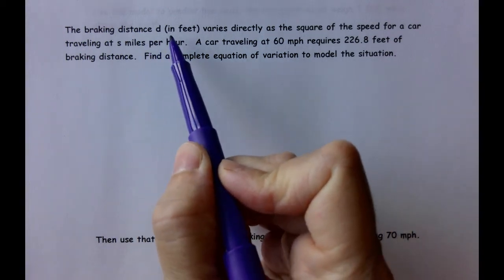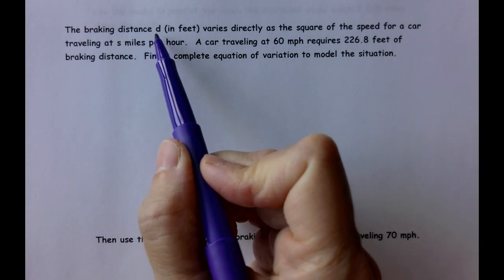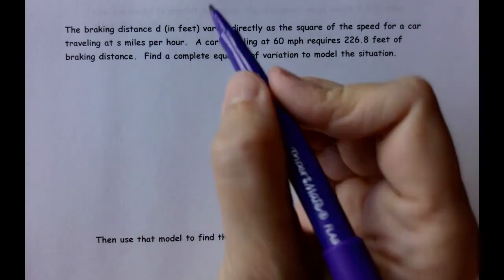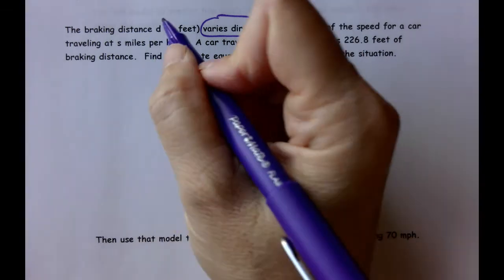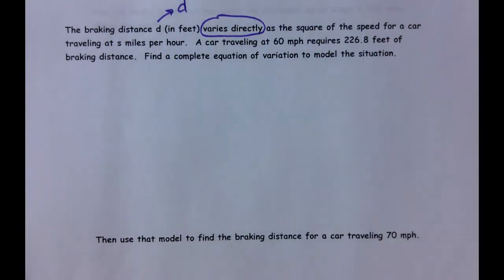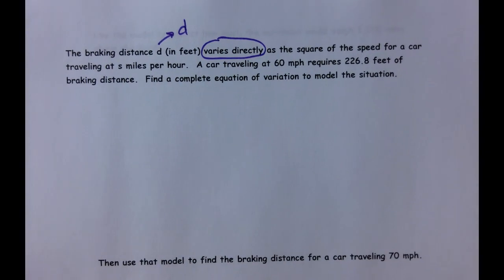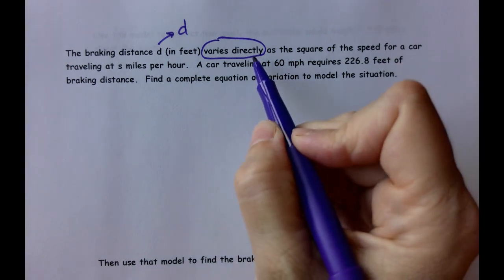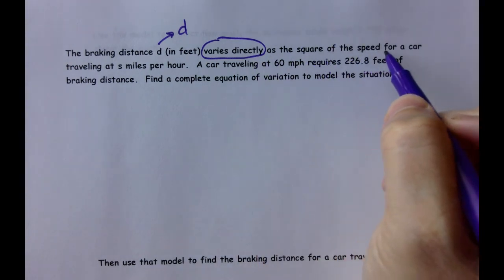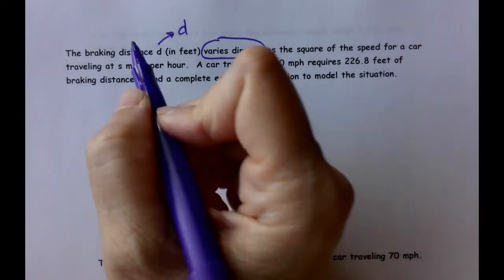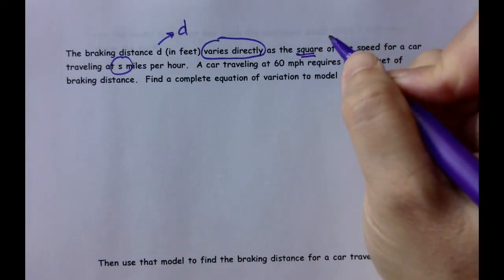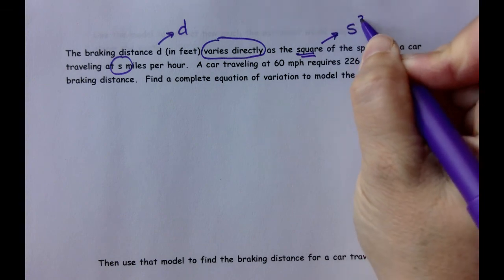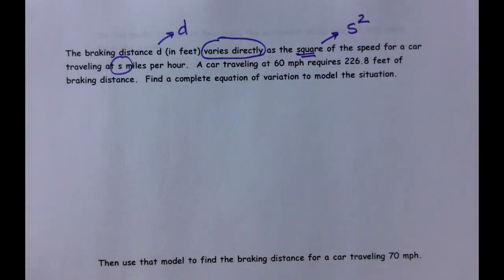When I read the first sentence, I come across the braking distance d varying directly. I need the type of variation. I need the first variable, the type of variation, and then the second variable that we're working with. The second variable is s, but it's the square of s, so s to the second power.